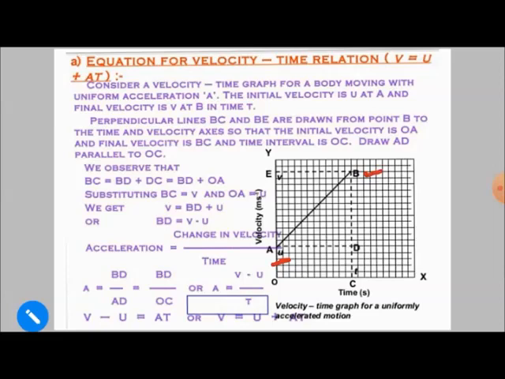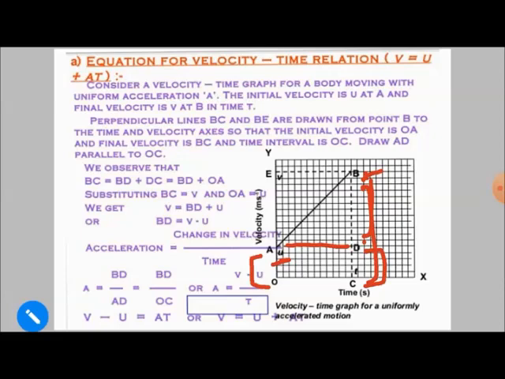Draw perpendicular lines BC to the time axis and BE to the velocity axis. Let us draw AD, which is parallel to OC. We observe that BC will be equal to BD plus DC, and because DC and OA are parallel, we can substitute OA in place of DC.